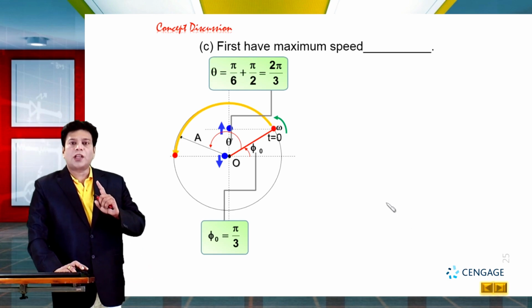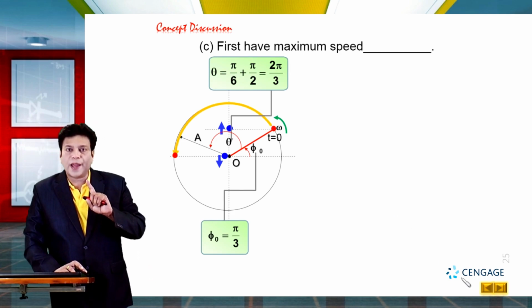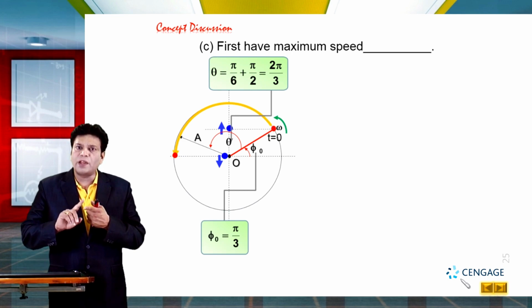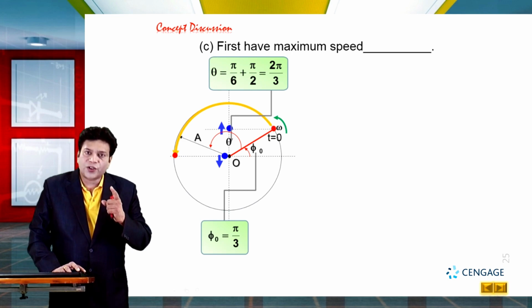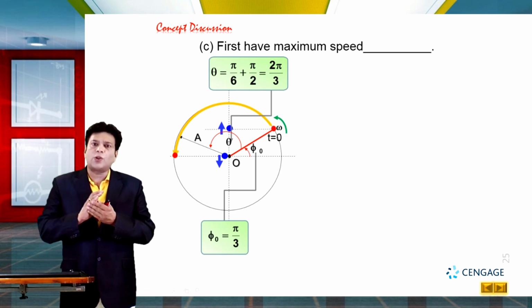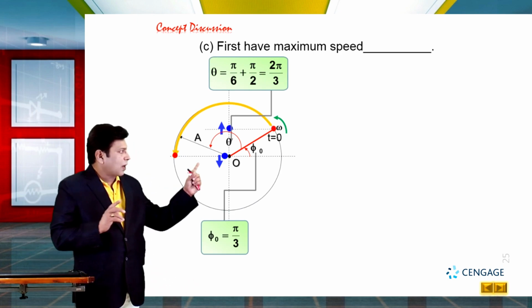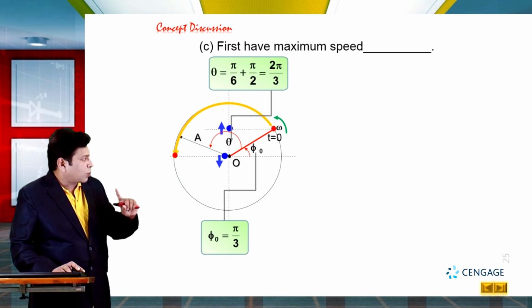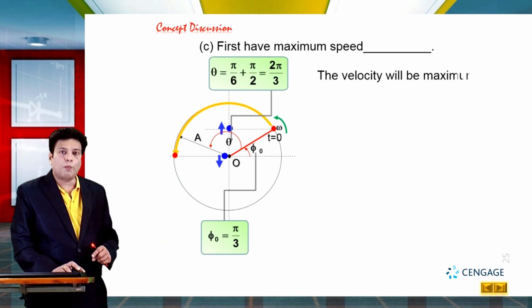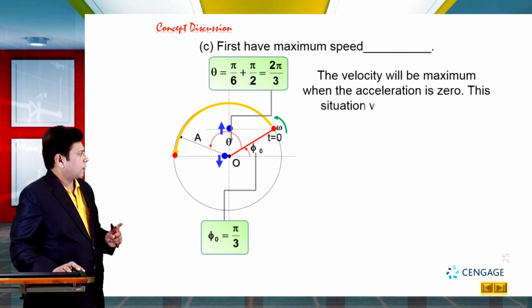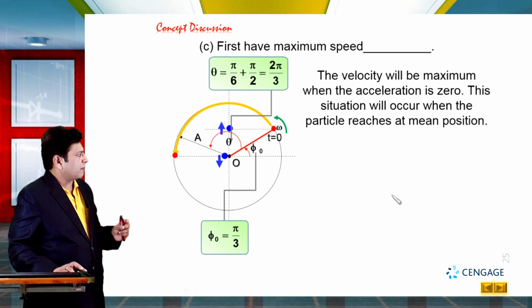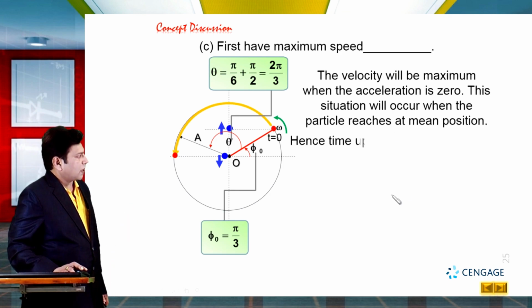You know, the velocity will be maximum when acceleration is 0, and this acceleration is 0 at the mean position. This situation will occur when the particle reaches the mean position, and we have calculated that time in the B part. That means the time up to this instant should be equal to π/30. So we can write here that the time when speed is maximum is π/30 second.